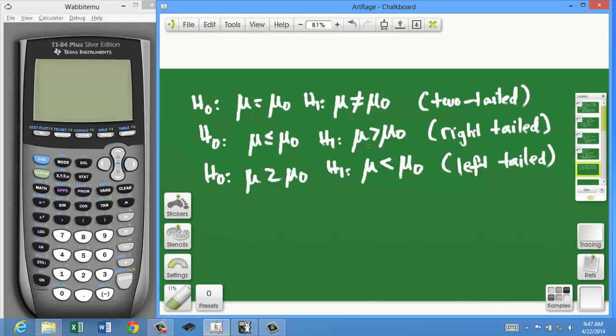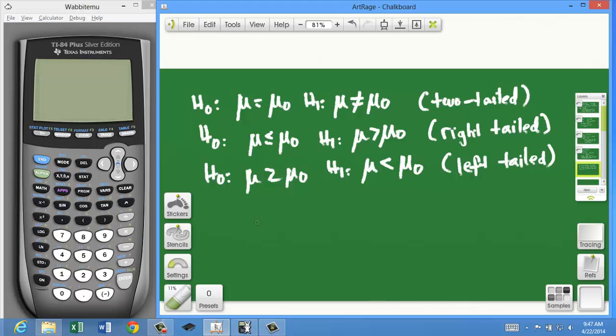If the symbol, which is a greater than here, is pointing to the right, then it's a right-tailed test. If the symbol is pointing to the left in this particular scenario, I conclude it's a left-tailed test. That is an easy way of remembering what test you're performing.